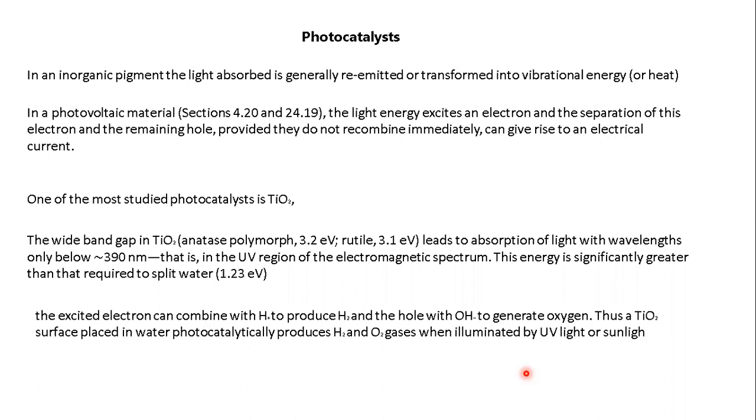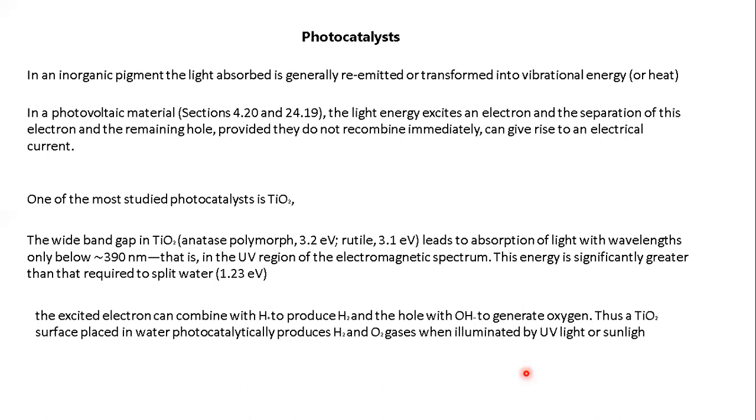Okay, so in the inorganic pigment case, the electron just excites from one level to another, then comes back to its original level and re-emits the energy, and you can see it. But here it will excite from the valence band to the conduction band. You know band systems; these bands are created by orbitals at different levels.